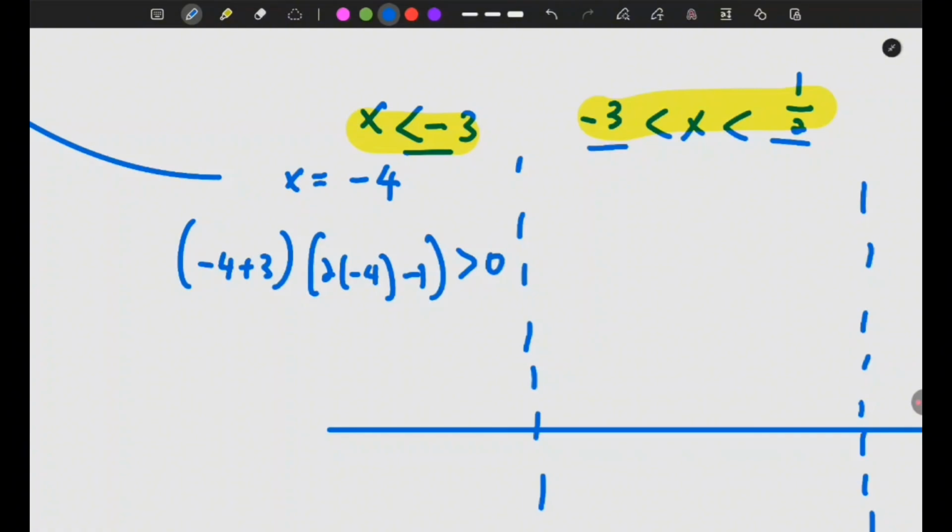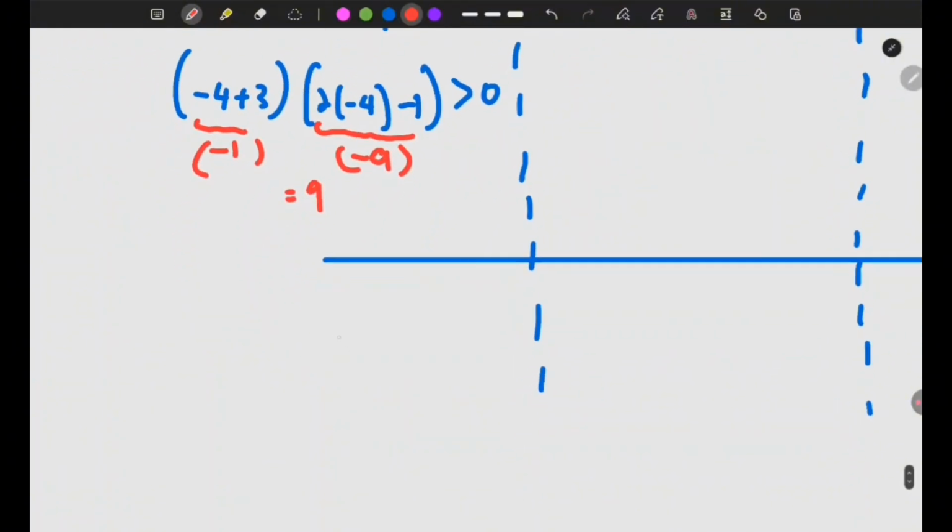Here you get negative 9. Here you get negative 1. You multiply, and I'm showing it one by one in case you don't know anything. So overall will be 9. 9 is a positive answer. So put a positive sign there, that's it.